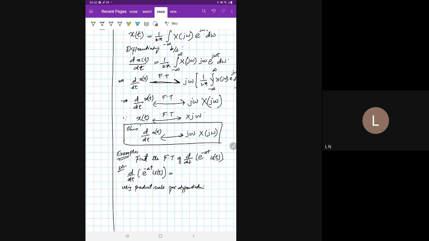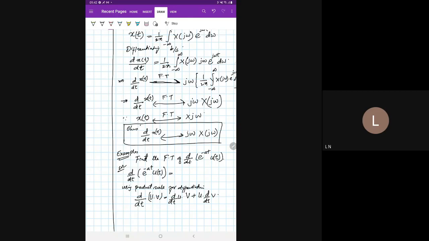So we can write the product rule: d by dt of u into v is equal to d by dt of u into v plus u into d by dt of v. That is the product rule.